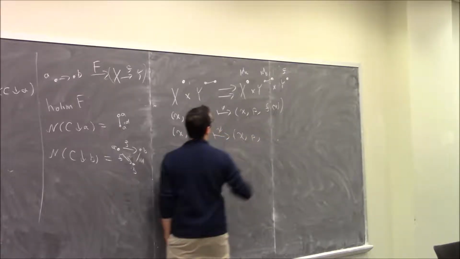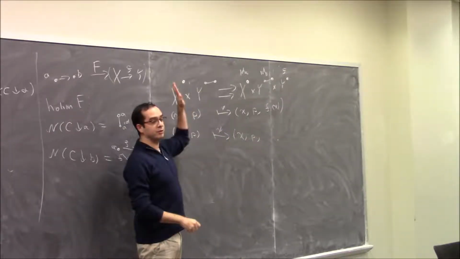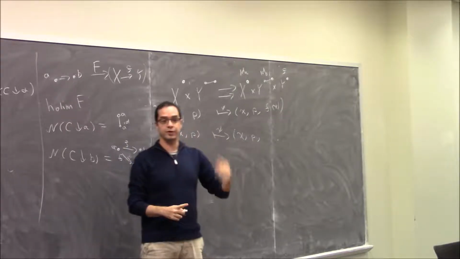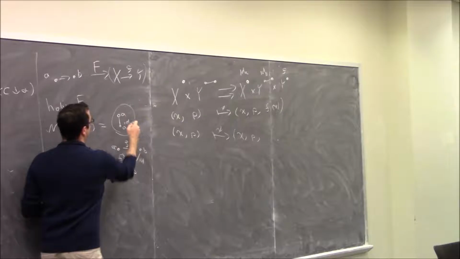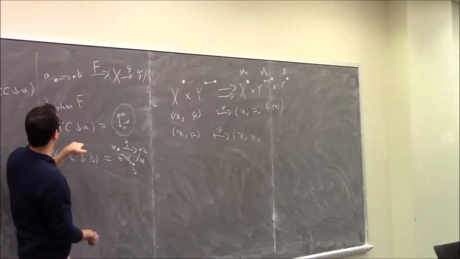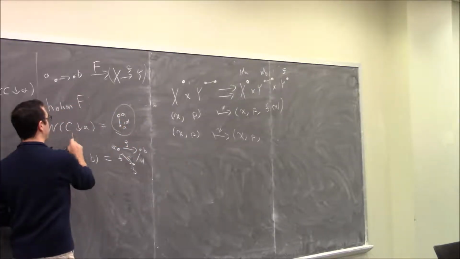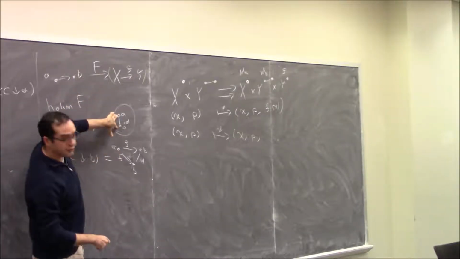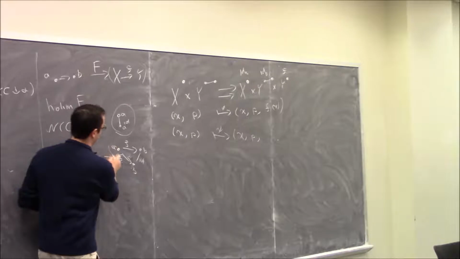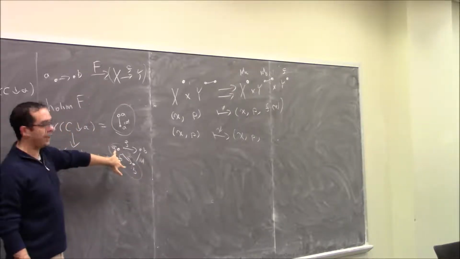Or we can look at the map induced on the nerves of the over categories. So what happens there? If I want to get a map from here to here, induced by my map from A to B, it's going to take this point here and map it to that element there.